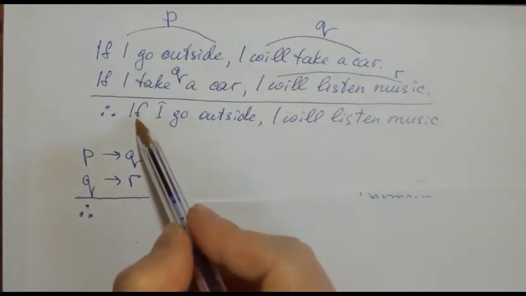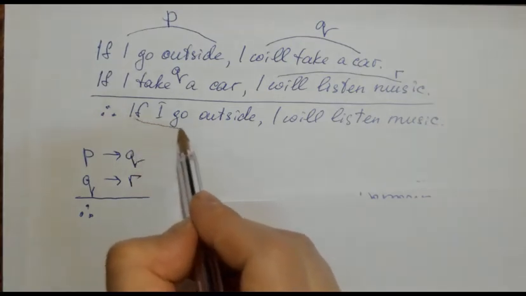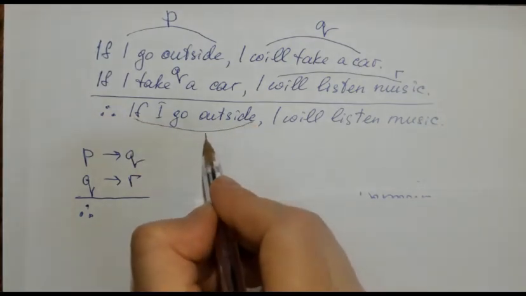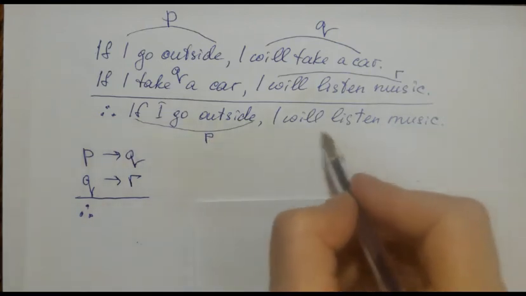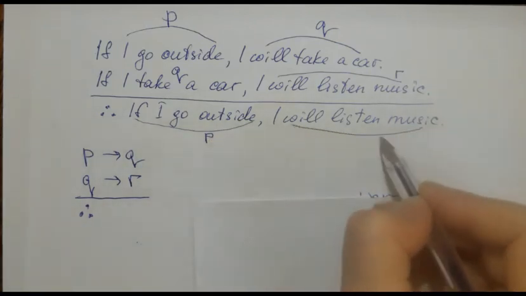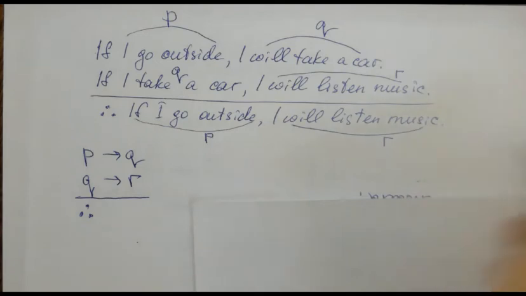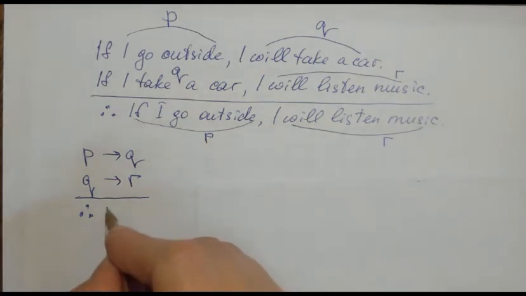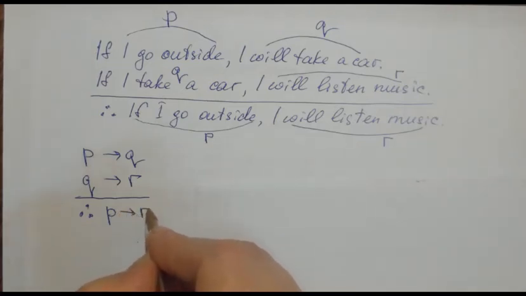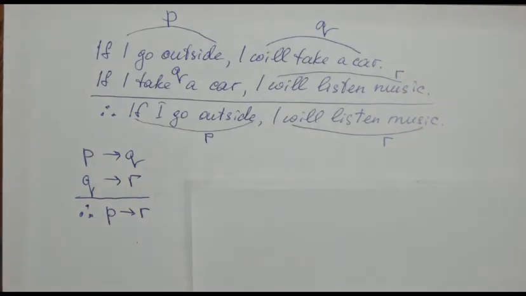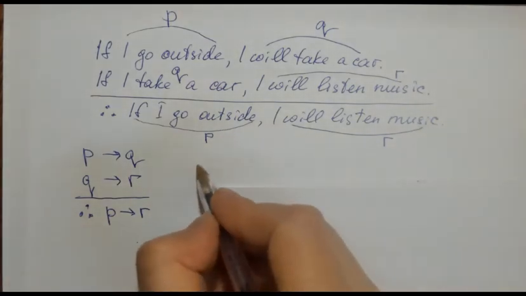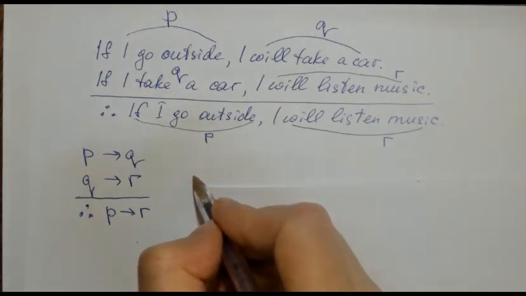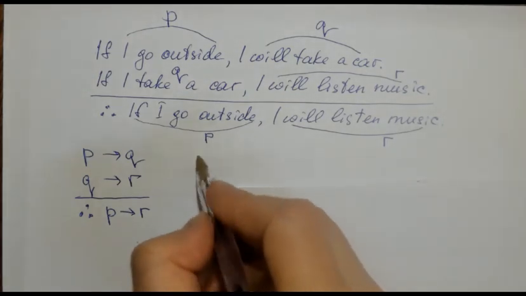Therefore, if I go outside, P, then I will listen music. This is the statement R. So we have here if P, then R. And this is a known form of the argument called law of syllogism.